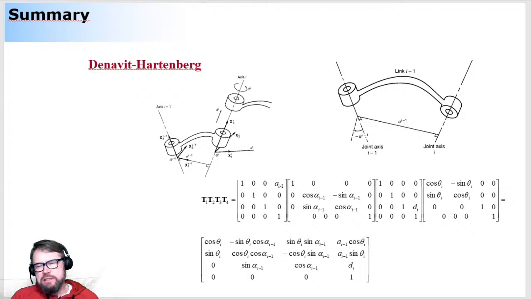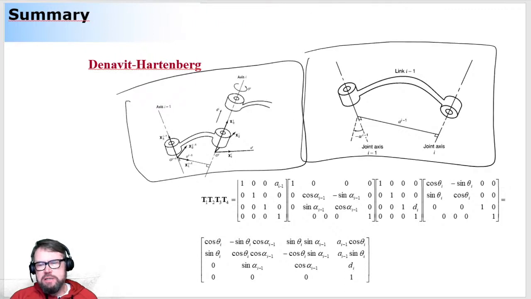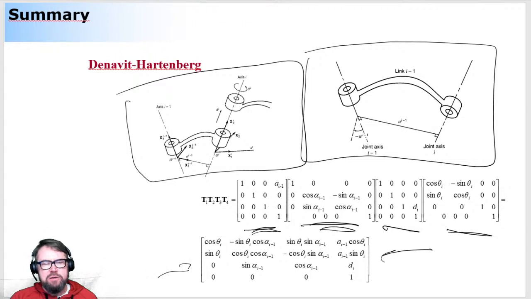The Denavit-Hartenberg is based on 4 parameters, and these parameters are explained in these 2 figures. Each parameter can be expressed using a 4x4 transformation matrix. Once you put them in one package, meaning that you take them simultaneously into account by multiplying these matrices, this is how the representation looks.